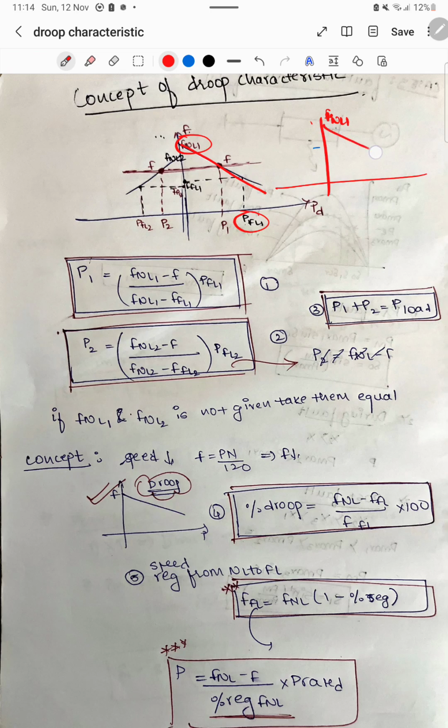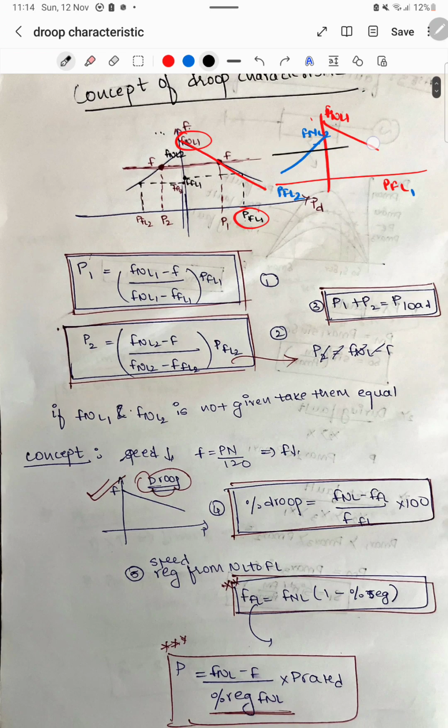Similarly, for the other one also we will have information about F no load 2 and P full load 2. Since they are operating in parallel, the frequency at which they are operating will be the same. So this is some F, this is some F, and this will be some P2 and this will be some P1.